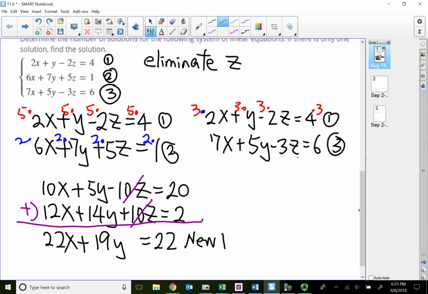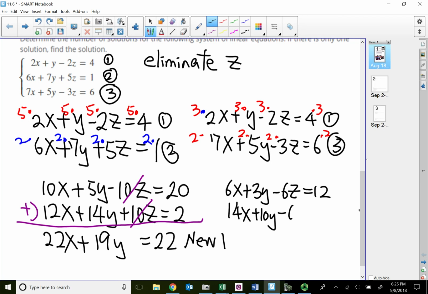The second equation, to end up with a 6z, every term got to be times 2. So I should get 3 times 2x, 6x, plus 3y, minus 6z equal to 12. That's 14x plus 10y, minus 6z equal to 12.